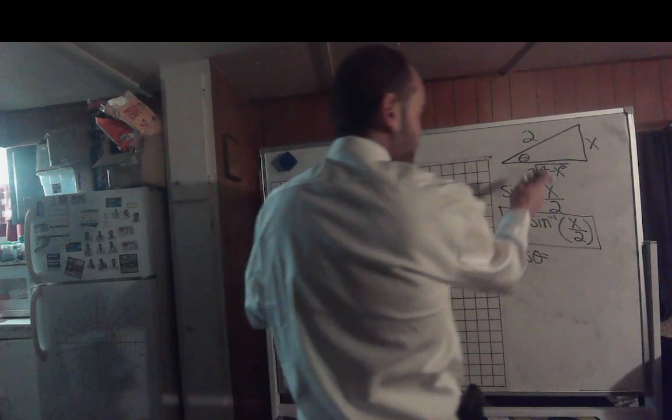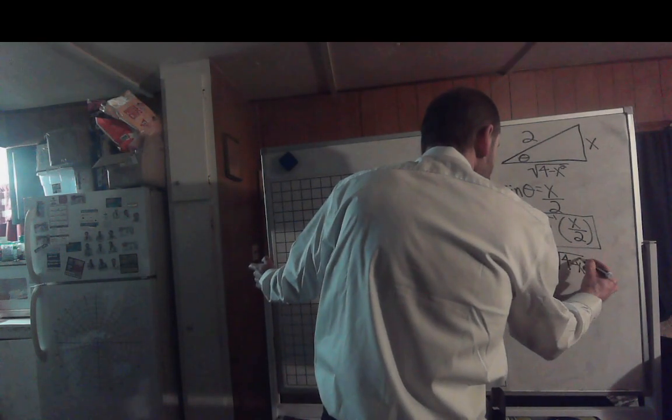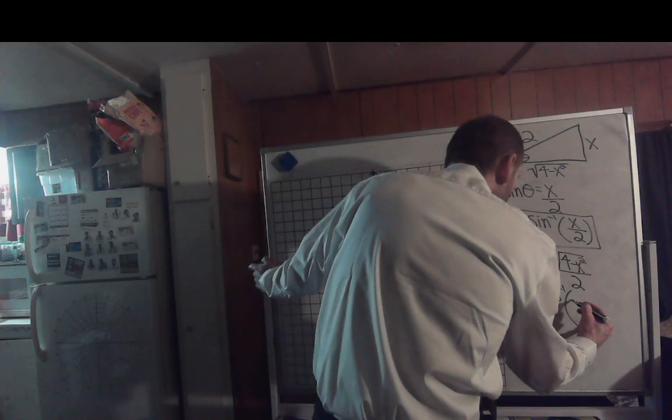And then the cosine of theta equals adjacent over hypotenuse, so that would be the square root of 4 minus x squared all over 2, which then means that theta would equal the inverse cosine of the square root of 4 minus x squared all over 2.